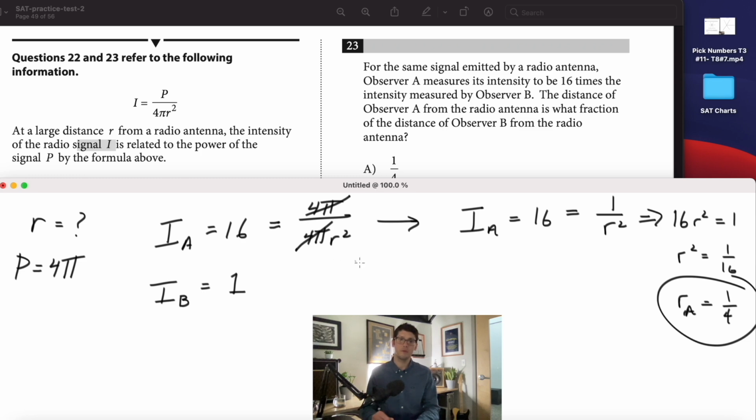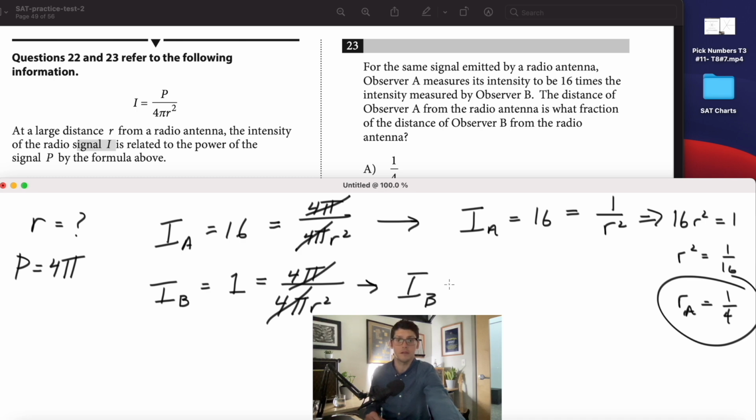Do the same thing for B. Now for B, we know this equals 1. The power didn't change. The power, which I picked myself, is 4 pi. 4 pi R squared is in the bottom still. The 4 pi's cancel. We get I sub B equals 1, which equals 1 over R squared.